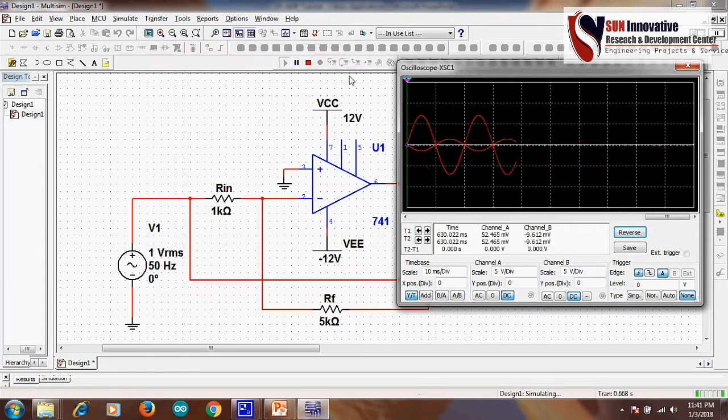So this is the working of the inverting amplifier. Both functions we have done: we have changed the phase value and we have amplified the input signal.